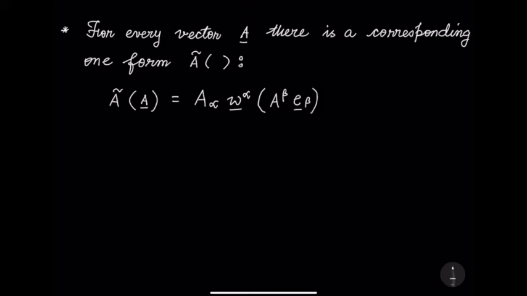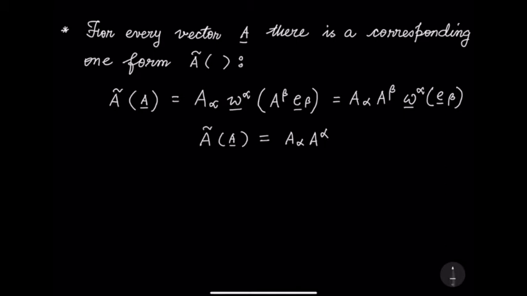So I can write vector A like this. Which essentially gives you A_alpha, A^beta, and then the amalgamation of the two bases. So you realize that A tilde of A is essentially A_alpha A^alpha.